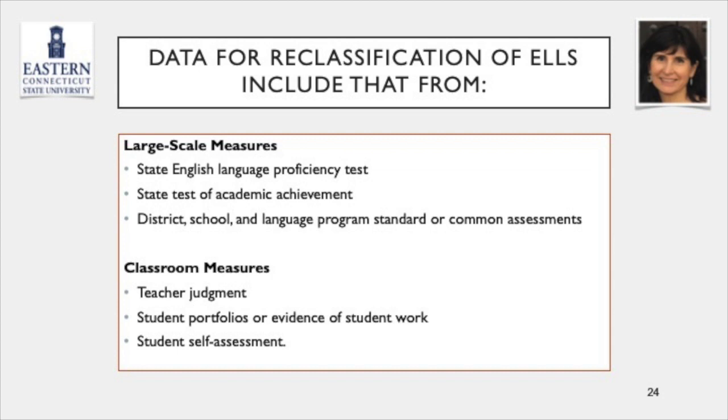And interestingly, they talk about student self-assessment as well as a way to determine reclassification. So if you could please pause and reflect on what this would look like. Visualize allowing students in secondary education or upper elementary to have a say in their need for additional ESL or their readiness to go into the mainstream classroom.